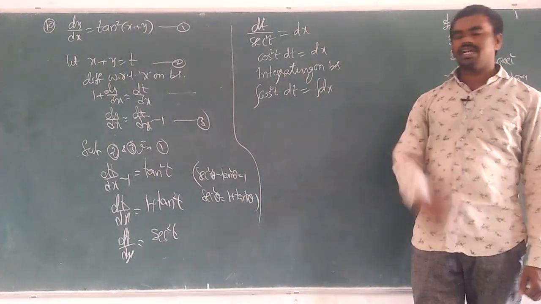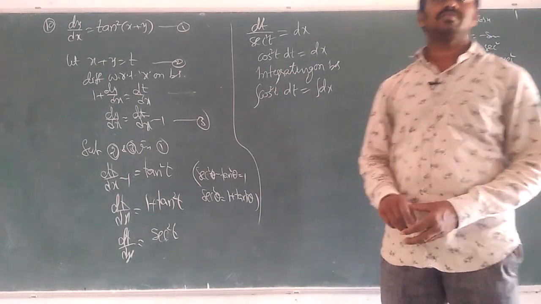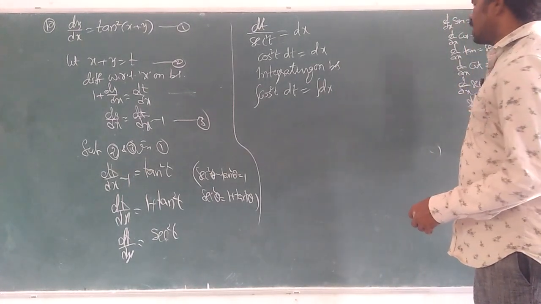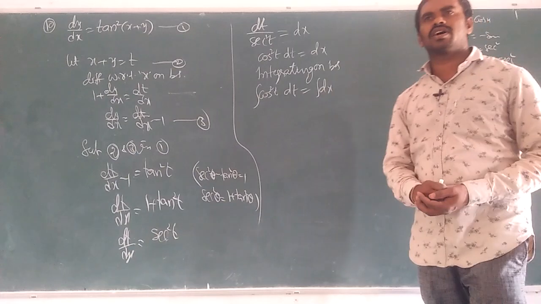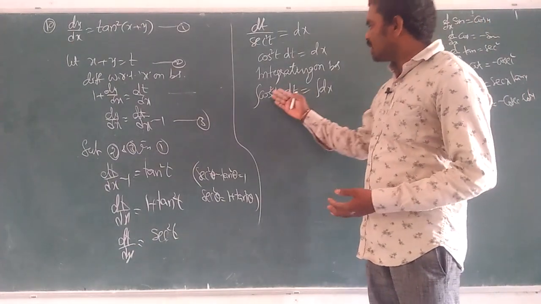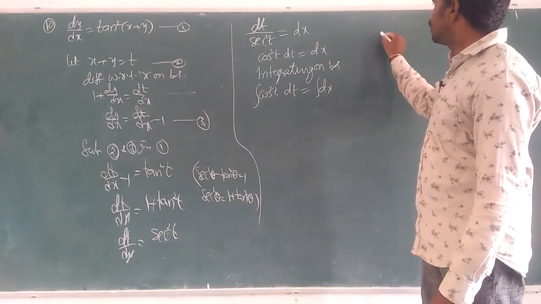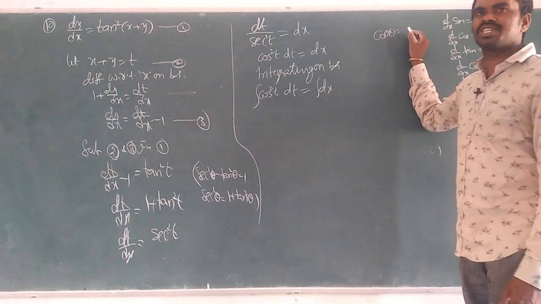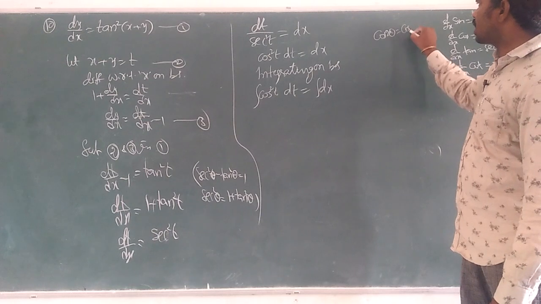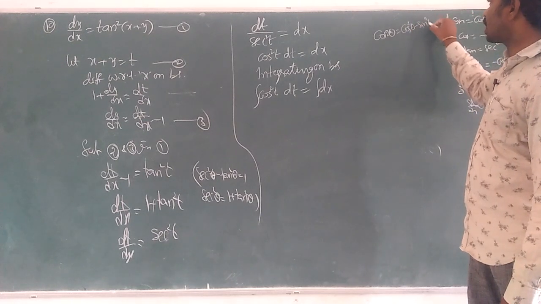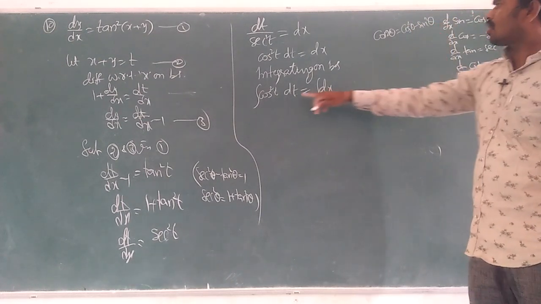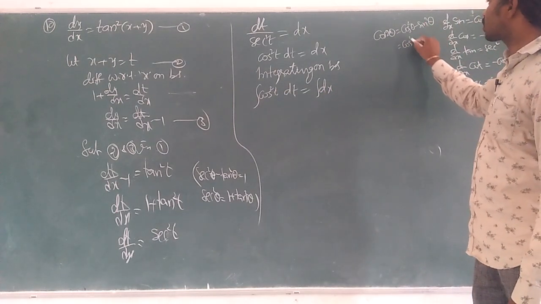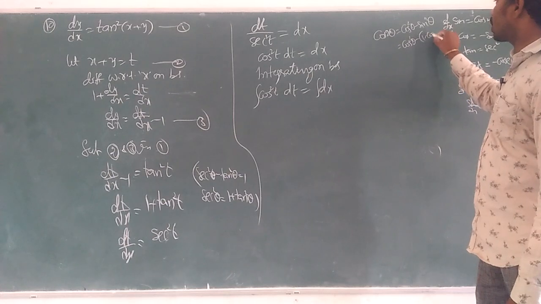Now how to simplify the integration of cos²? We know the integration of cos, we know the integration of tan, but we don't know the integration of cos², so it must be rewritten. How can we write it? We know the cos 2θ formula: cos 2θ = cos²θ - sin²θ. Cos² we want, so convert sin² also in terms of cos²: 1 - cos².